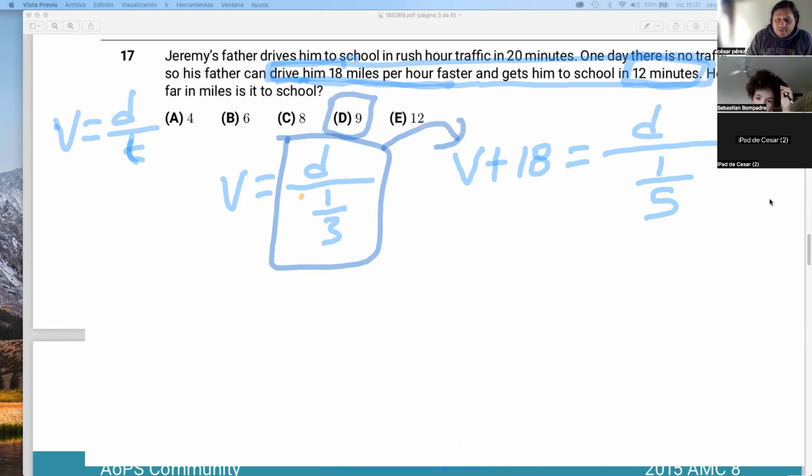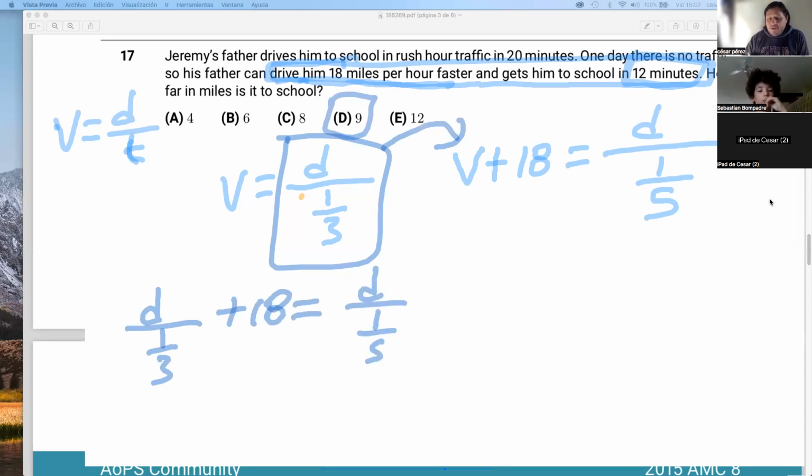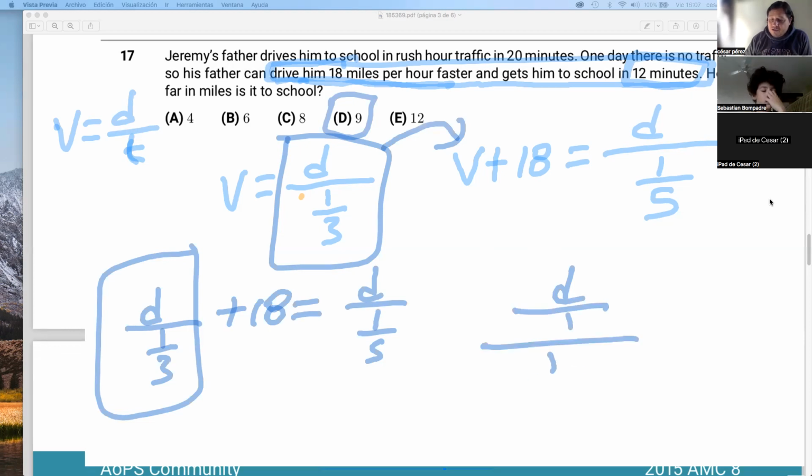So we will have D over 1/3. This is 3 times D, okay? Plus 18 equals D over 1/5. If we made this solution this way, we can make D over 1 divided by 1/3, and we have said that we can multiply the extremes, 3 times 2, divided by the multiplication of those numbers.